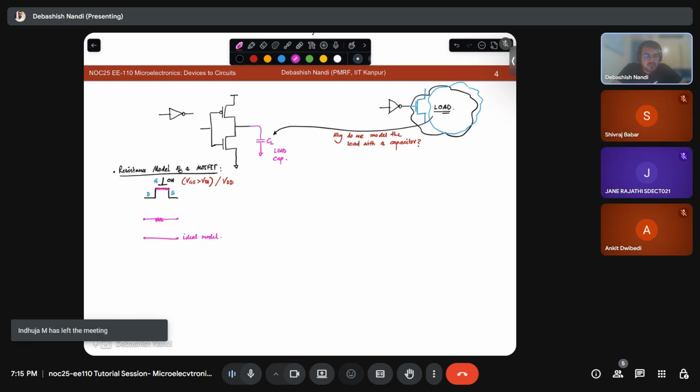So that will lead to a non-infinite conductance and that will lead to a non-zero resistance, right? So this we call R_on, and this suffix N is for NMOS, fine? Similarly, what if I connect zero here, or off? Ideally, what should be the model? So I will have an R_off, but ideally I should have an open circuit.